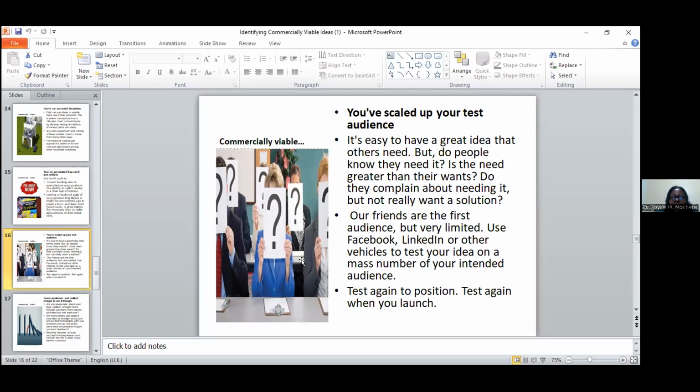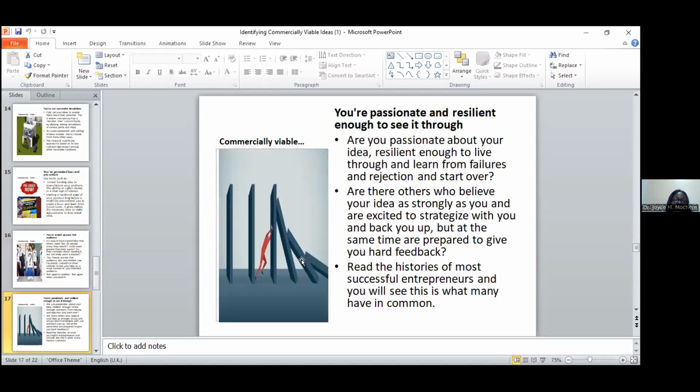We are told that our friends are the first audience, but they are very limited if you narrow only to your friends. So use this media to get to the potential customers, and keep on testing your idea, and then you'll come to that position of satisfaction that they really need what you are making.